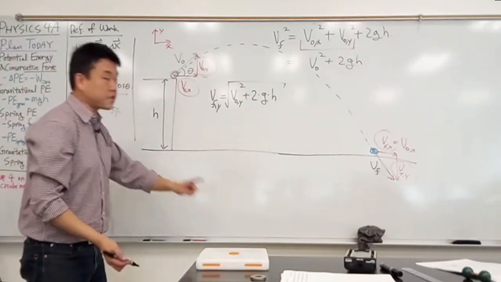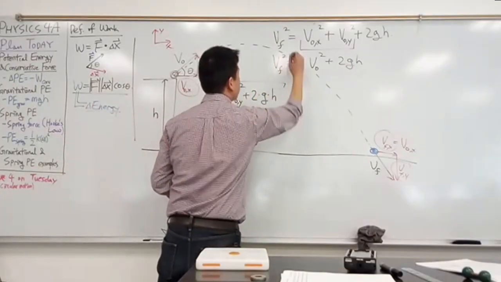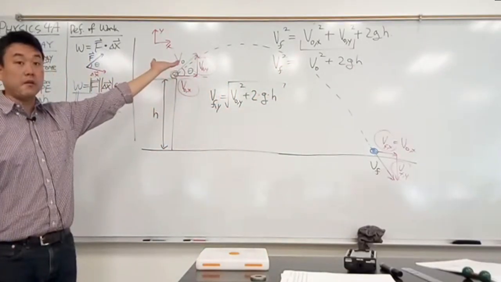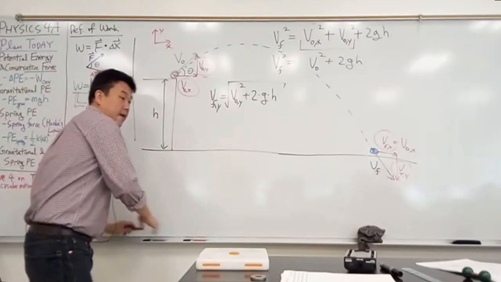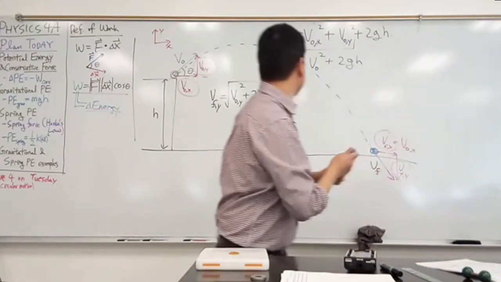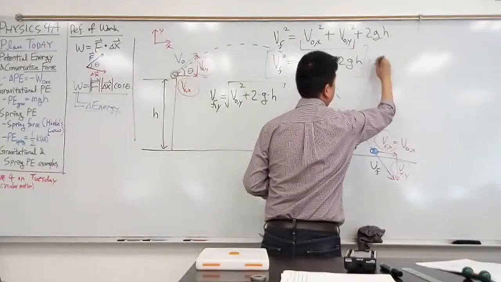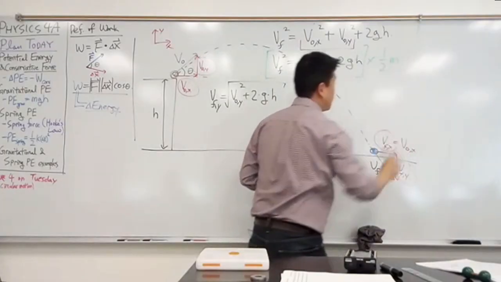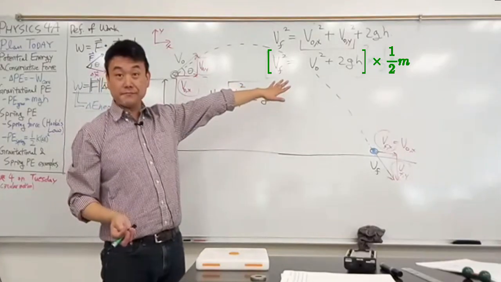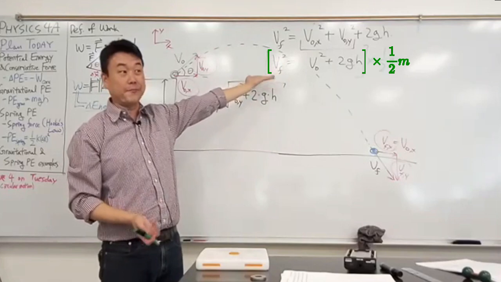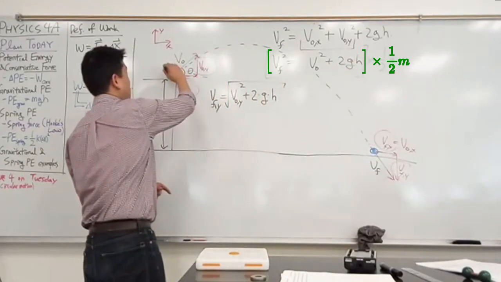Now, let me show you the connection to energy in this single last step. So, I wonder, could I have done this problem using conservation of energy? Yes, you could have. The way you would see it is you would take this entire expression and multiply by 1/2 m, which you might not be sure why I'm doing, but that's something I can do, right? Nothing stops me from multiplying the whole equation by 1/2 m, where m is the mass of the ball.